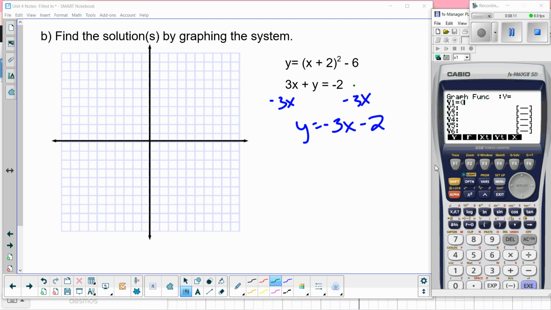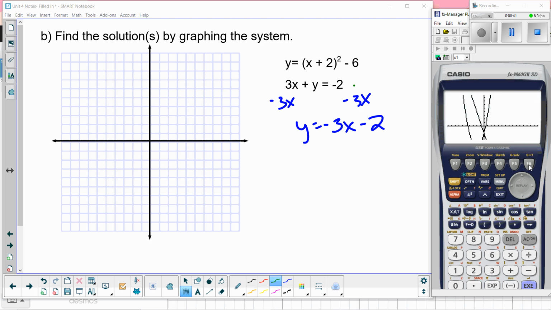So now I can graph this: parentheses x plus 2 squared minus 6. And now I have to make sure I type in the one that has y equals negative 3x minus 2. And then draw.